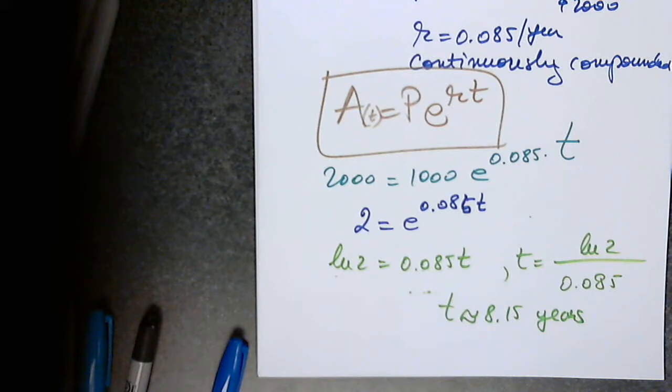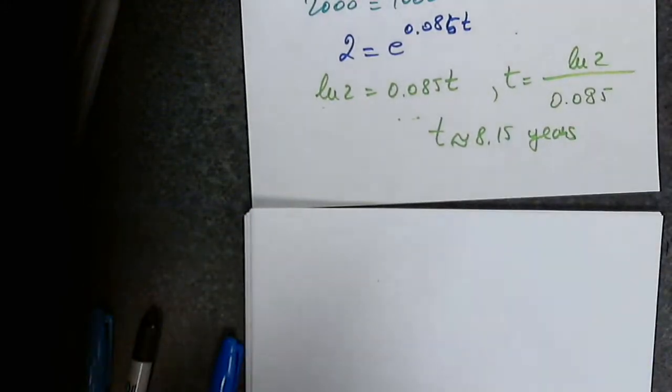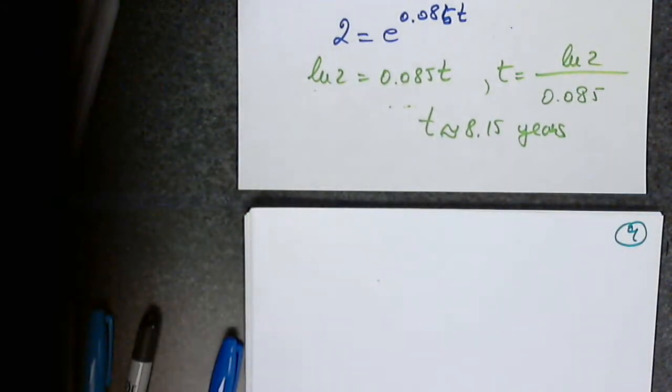83, the fish population, skydiving, radioactive decay. Okay, fish population. A small lake is stocked with a certain species of fish.